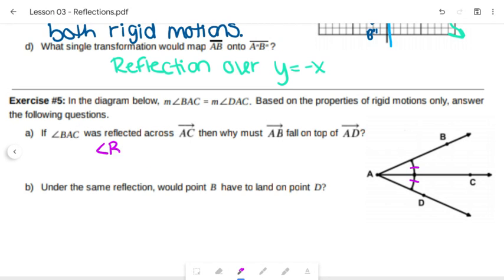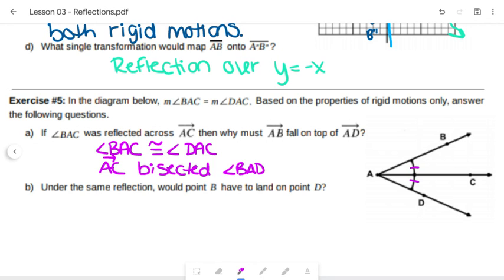Okay, so if angle BAC has that AC in there, and it was reflected across, well, if we know angle BAC is congruent to angle DAC, we know that we have two congruent angles there. So if you have two congruent angles, that means that AC bisected angle BAD. Okay.